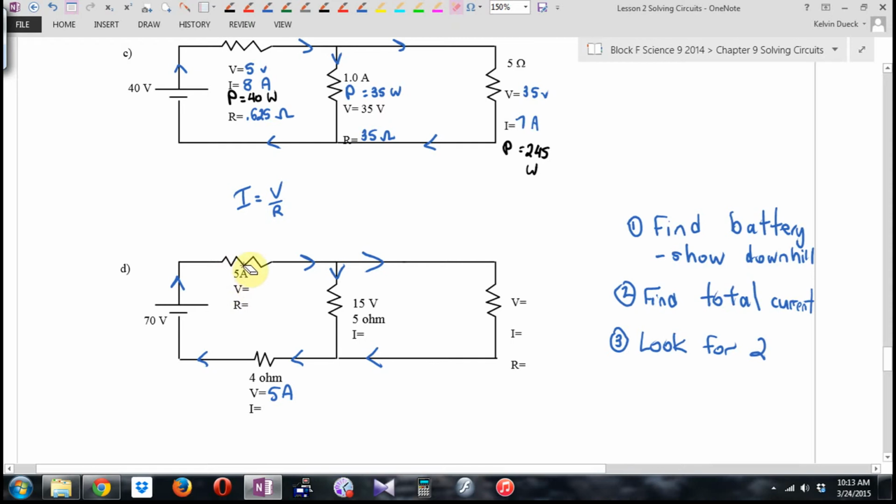Right now, I only know 1 thing, current. What's the current? They told me voltage, they told me ohms. What's the equation that has current and voltage and resistance in it? And please give me the one that has the current by itself. It is I equals V over R.